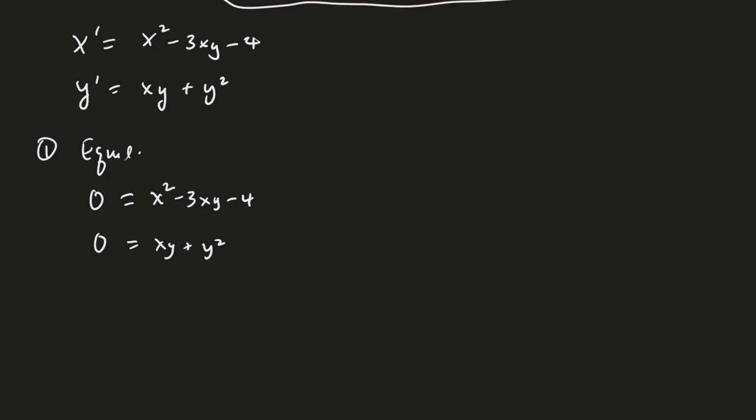Now we have to solve this system simultaneously, and I'm thinking it's going to be easier to solve the second one first because there's a y that I can factor out. The top one doesn't have anything to factor. So I'm going to solve the bottom one first. I'm going to say y times (x plus y) equals 0, because that will mean that either y equals 0 or y equals minus x.